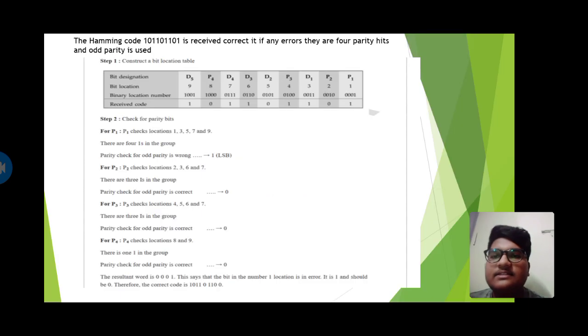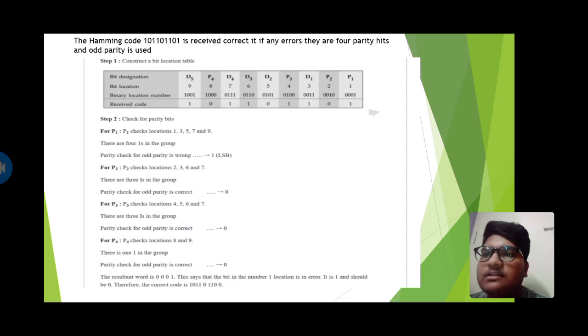Now let us consider another example. The Hamming code 1011011101 is received. Correct it if there are any errors. There are 4 parity bits and odd parity is used.